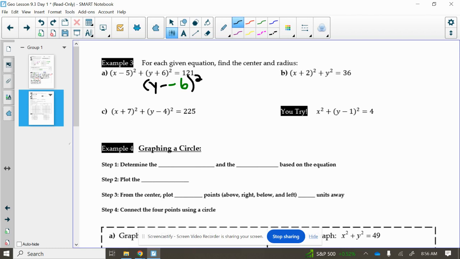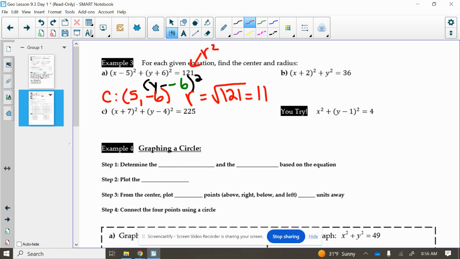It's actually going to be -6. So the center this time, our h value is 5. Our k value is -6. And then the radius squared is 121. So if we square root that, our actual radius is 11.